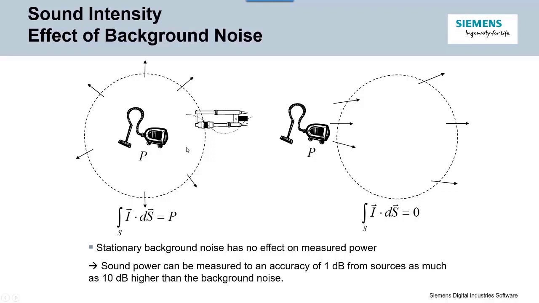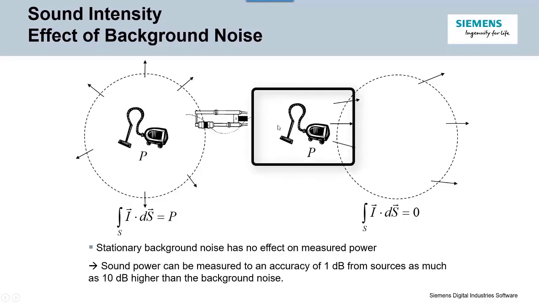Suppose you have a sound source which has a certain sound power, and you're trying to measure it. You measure along its surface, and when you sum up the measured intensity with the corresponding areas, you get the total sound power. In this left-hand side case, the measured area covers the sound source.